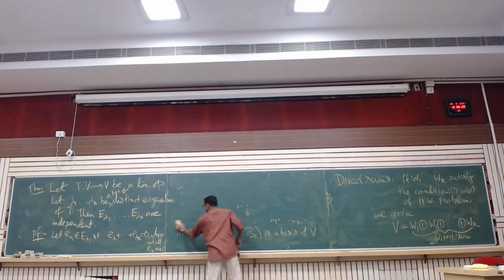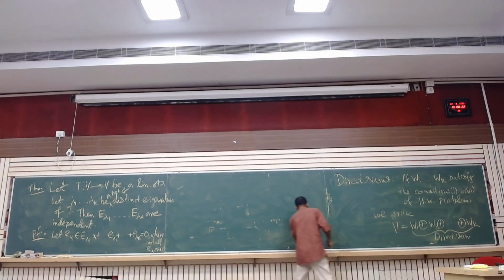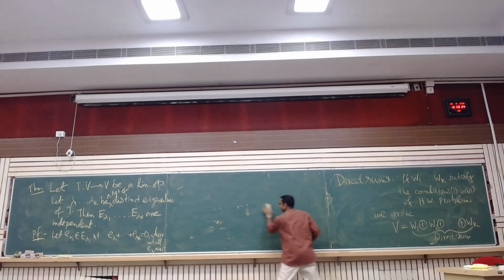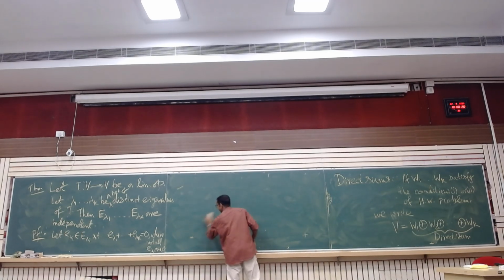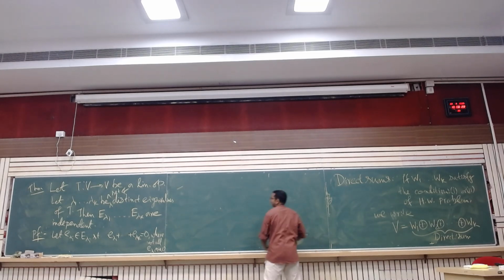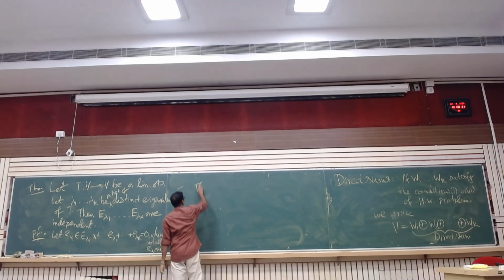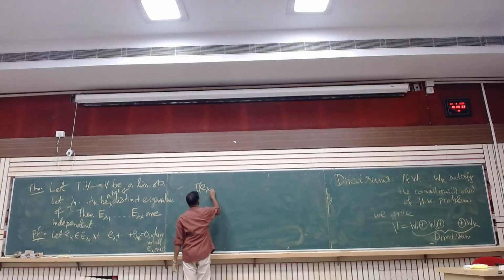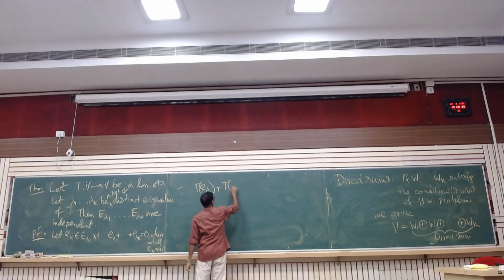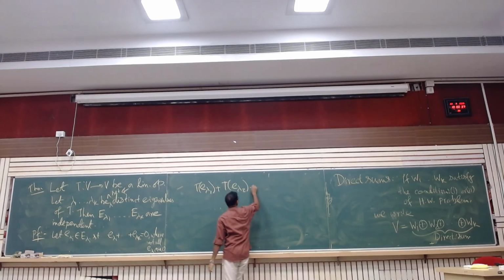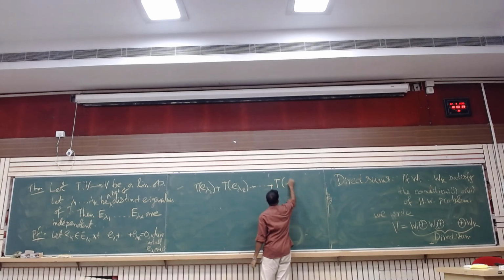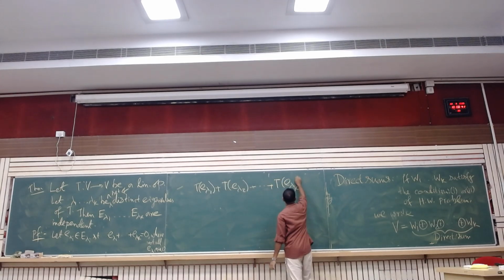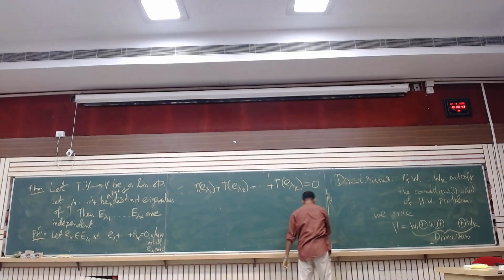What we do now is apply T on this. We get T E lambda 1 plus T E lambda 2 plus dot dot dot plus T E lambda k equal to 0.